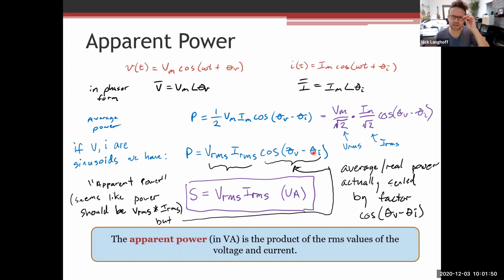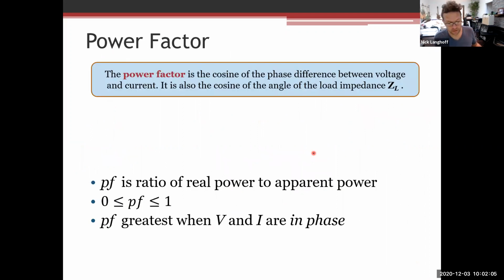However, for non-purely resistive loads, it gets scaled by this factor, which we call the power factor, equal to the cosine of the phase angle difference between the voltage and the current. So let's talk about the power factor for a second. As we just showed, the power factor is the cosine of the phase difference between the voltage and the current.